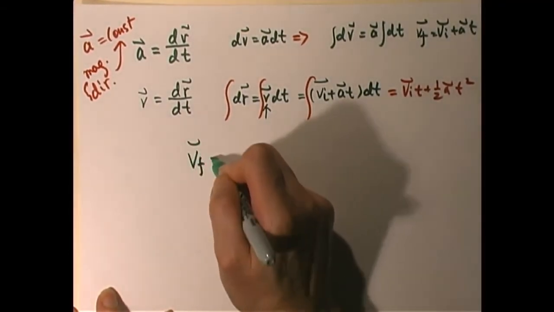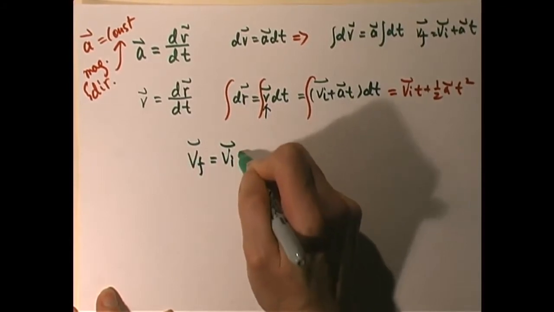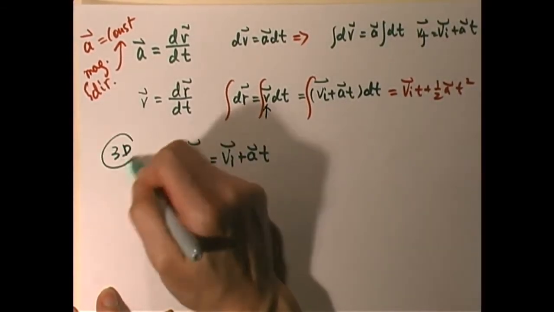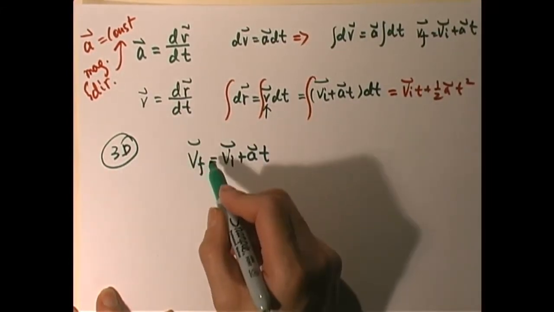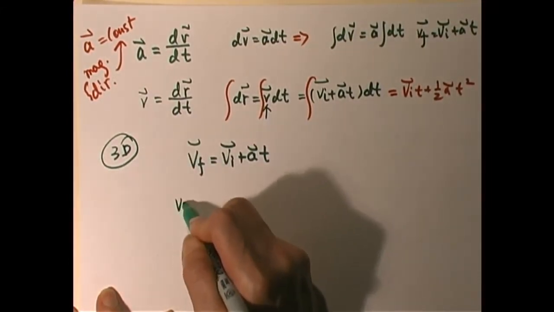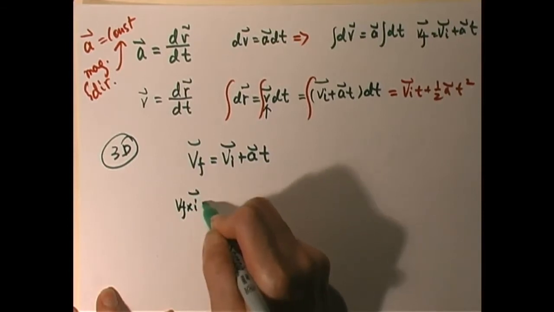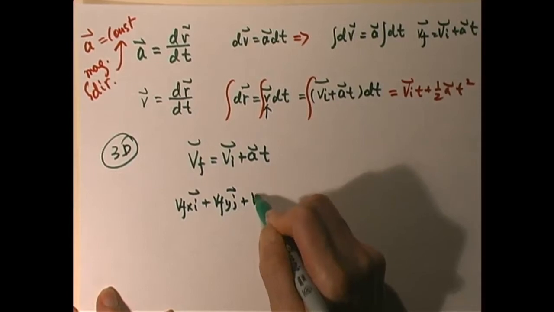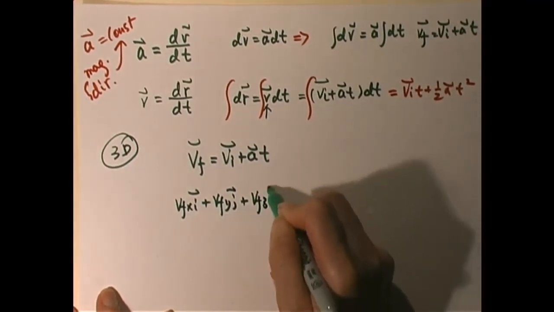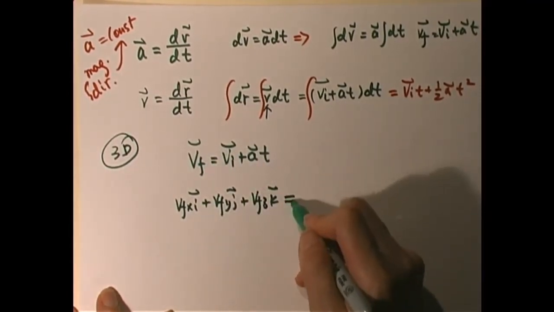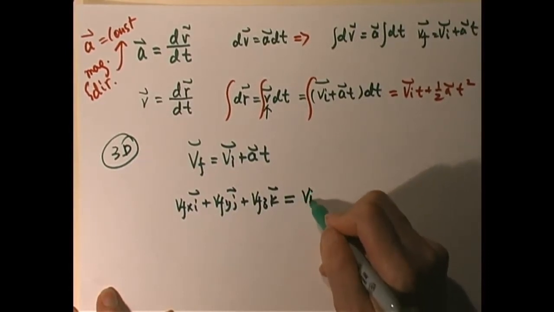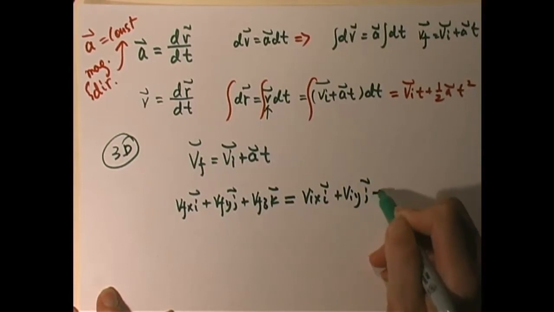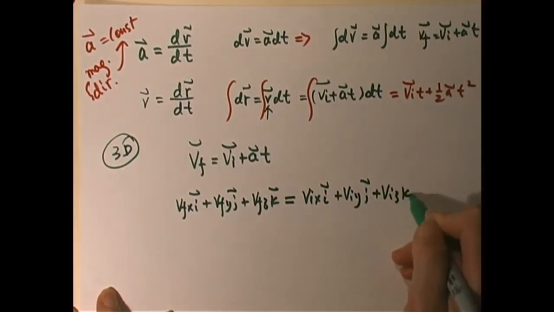v final equals v initial plus at. If this is a three-dimensional case, what does that mean? Your v final actually is v final x of i plus v final y of j plus v final z of k, with i, j, k for them. And initial is v initial x of i, v initial y of j, v initial z of k.